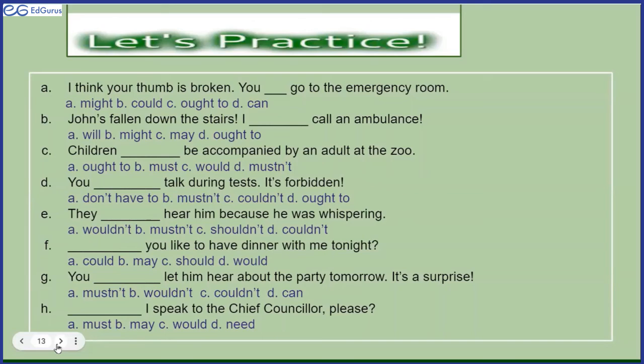Does it express possibility, request, or offer, or suggestion, or advice, or necessity, or what? And then accordingly, you would choose one. Okay? I think your thumb is broken. You dash go to the emergency room. See the options.